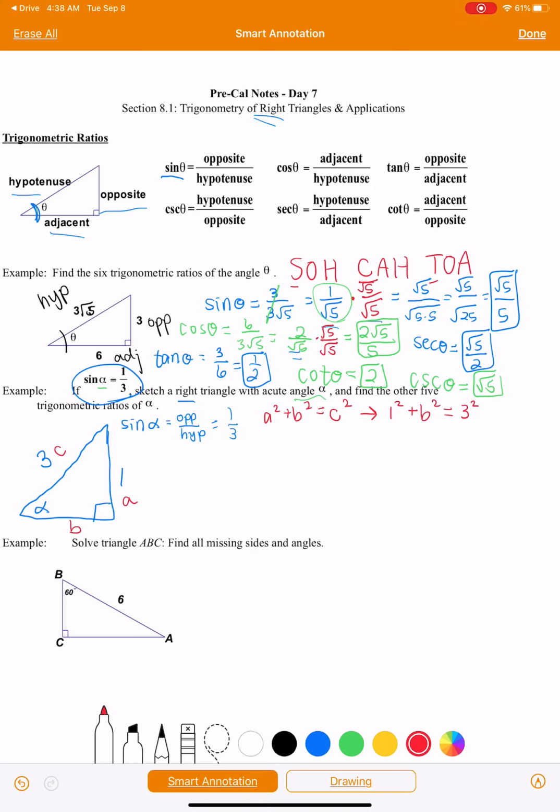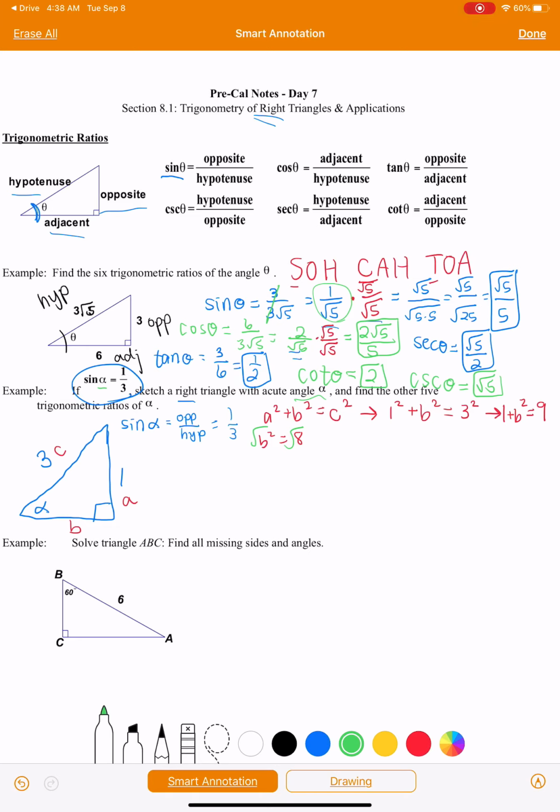Well, next step, 1 squared is just 1 plus b squared equals, and then 3 squared is 9. I still need to solve for b, so I'm going to subtract 1 over. So that would leave me with b squared is equal to 9 minus 1 is 8. Take the square root of both sides. And since, guys, we're working with a triangle here, don't worry about adding a plus or minus in front when I'm taking the square root of this 8.